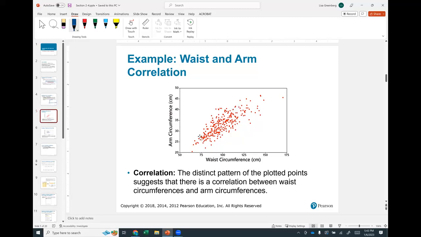Sometimes not as much, sometimes more, but we can see that there is a distinct pattern of the plotted points, and it suggests that there is a correlation between waist circumference and arm circumference. We can see it's kind of following that line, right?